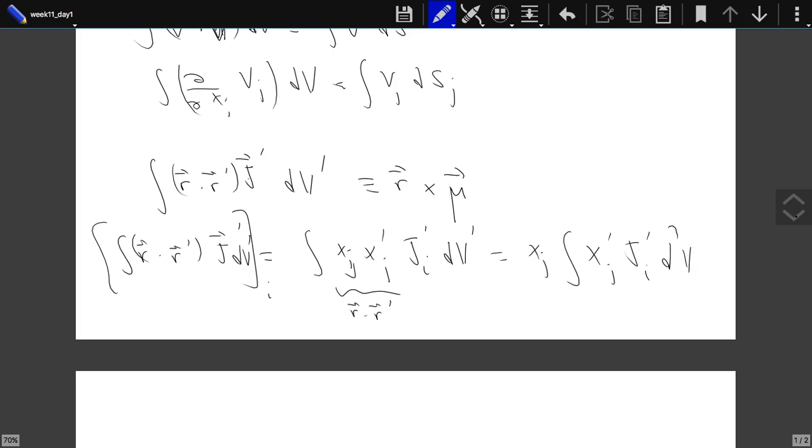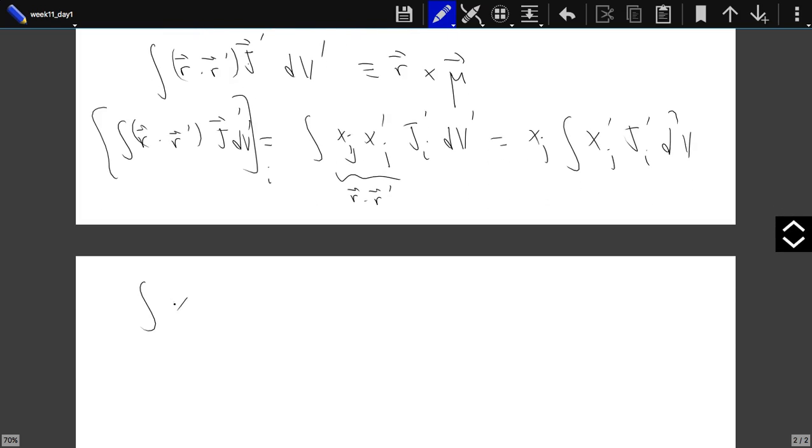Now let us integrate over the volume. Now let us look at that term, x_j prime j_i prime d cubed v. I will do the previous trick I had, but I already know one trick that involves the j's, so let me just use that. This is equal to x_j prime.